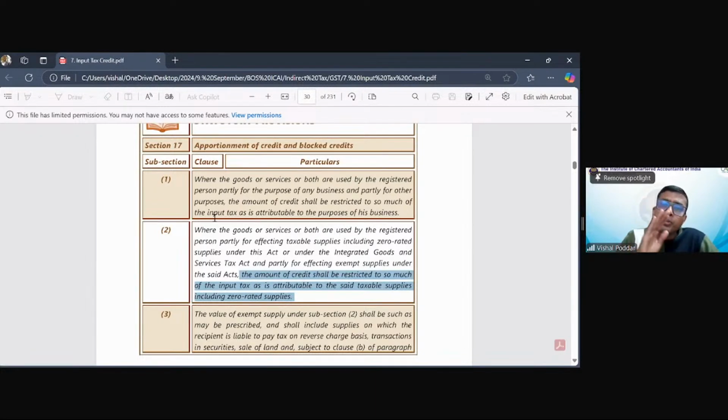Second, where you're using it completely for business, but your output of the business is taxable as well as exempt. I hope this whole point is clear. Yes, sir. Student, perfect.